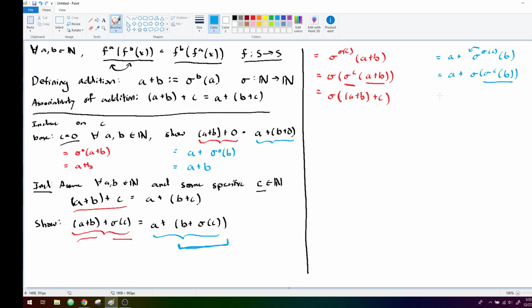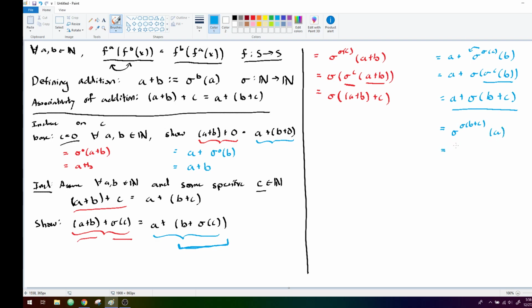Now we're going to regroup this term in here using the definition of addition that we've just given up above. So this is A plus sigma of, well, that's just B plus C in there. Now we're going to group this whole thing together using the definition of addition. So we're going to apply sigma of B plus C times to A. Okay?